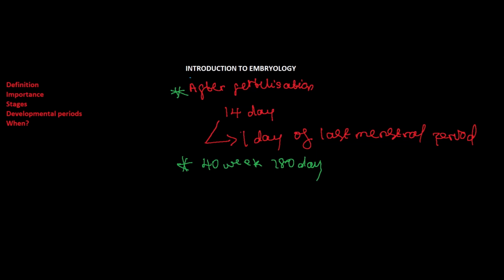And most times women are able to remember the first day of their menstrual period. Okay, and so it is this day, counting 280 days away from the first day of the last menstrual period, that would give an approximate date on when the woman would be delivering. Okay, so when she would be giving birth.